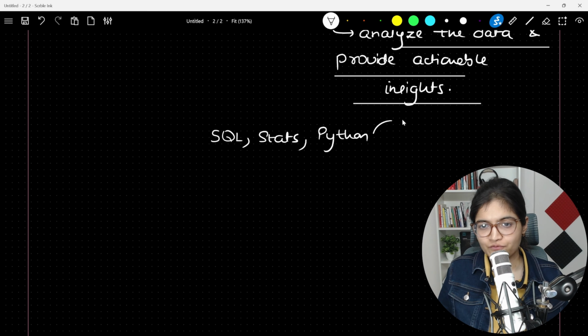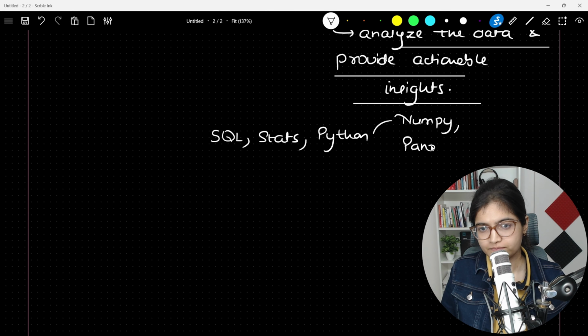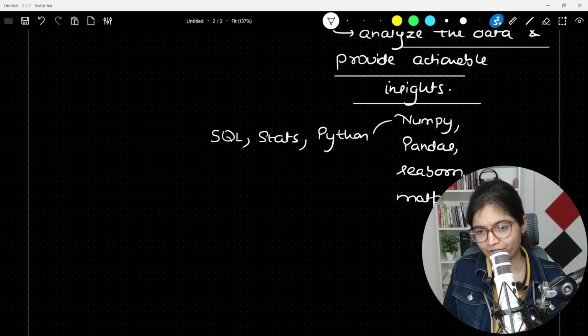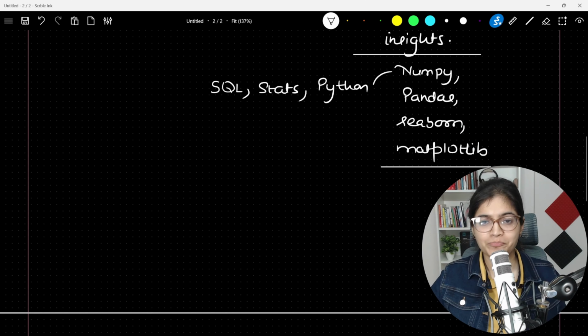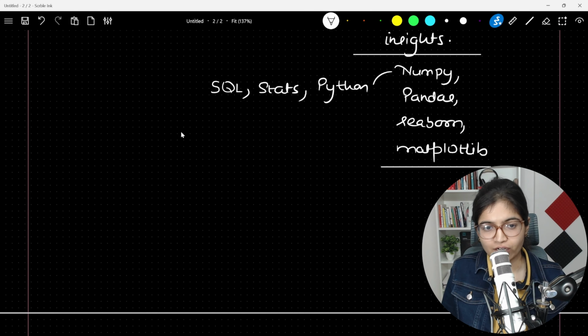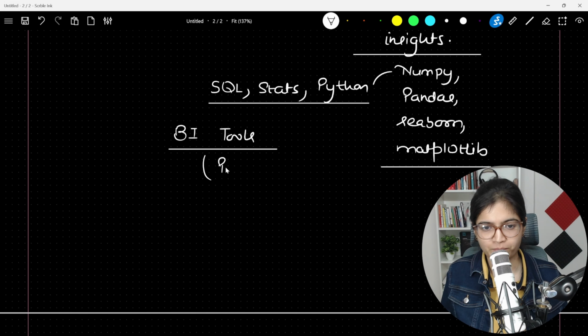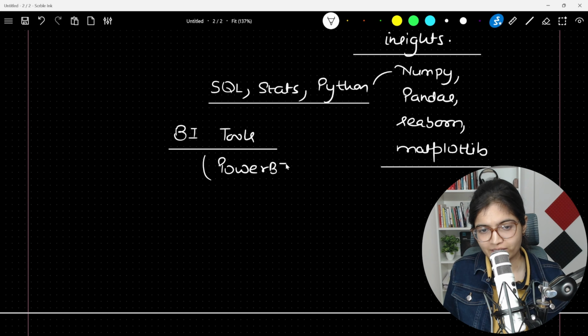For example, in the Python frameworks, we have NumPy, Pandas, Seaborn, Matplotlib. All of these frameworks are very important to understand. Apart from this, you should have great knowledge of business intelligence tools, which varies from company to company. Some companies prefer Power BI and some companies work with Tableau.